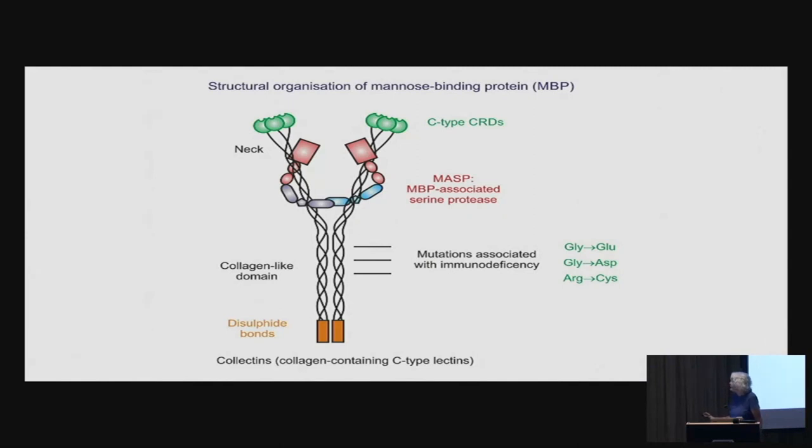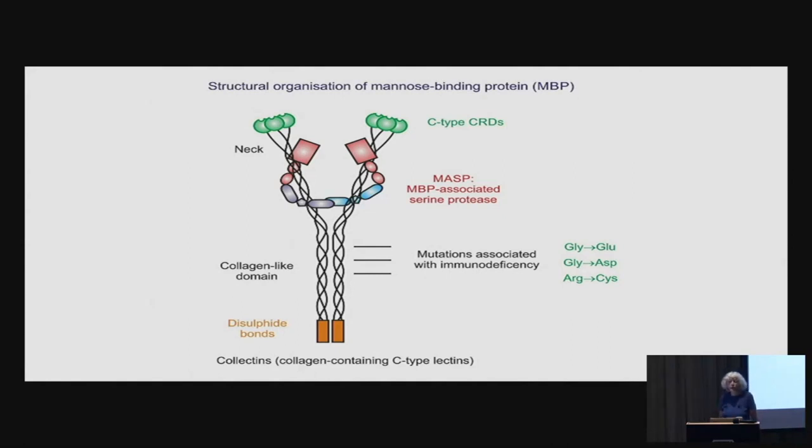It has the C-terminal C-type CRDs which bind mannose, and a collagen-like domain, which allows it to associate first into trimers through a typical triple helix and then into higher oligomers, and the associated serum proteases bind here, and these are the mutations which are associated with immunodeficiency.